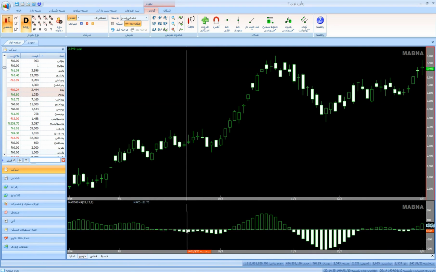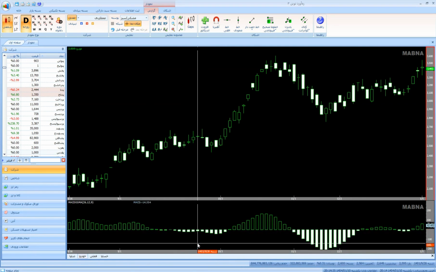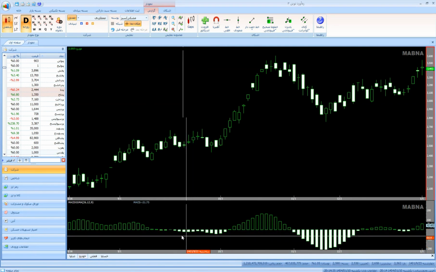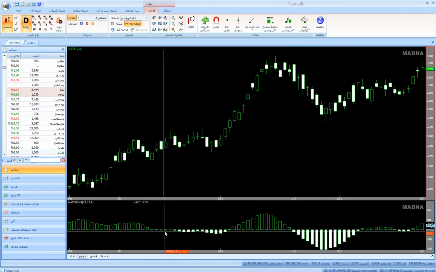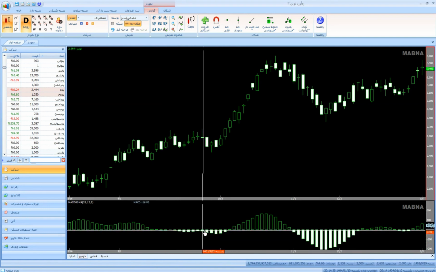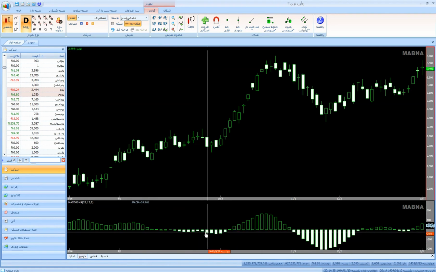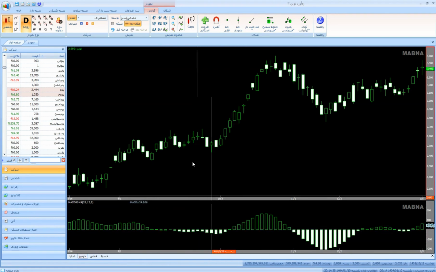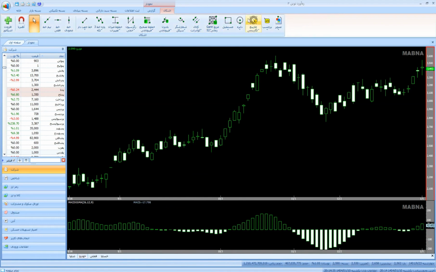Now I want to get a signal. We said to get a signal from the MACD, when your histograms for the first time move from below the 0 line to above the 0 line, meaning this area, see?